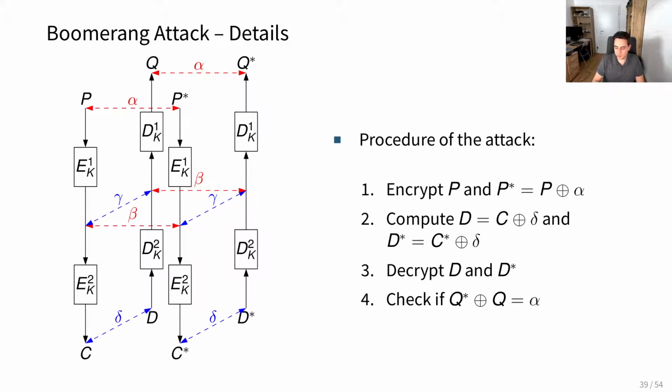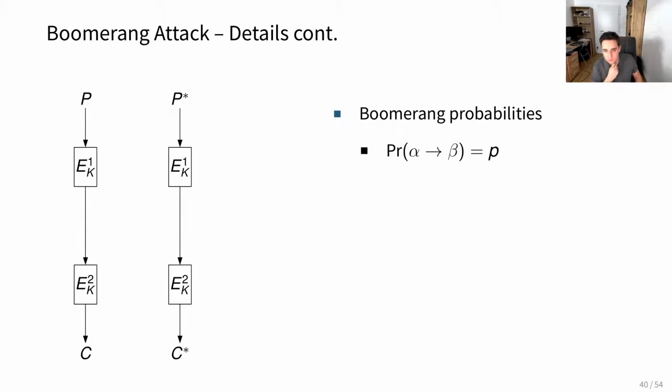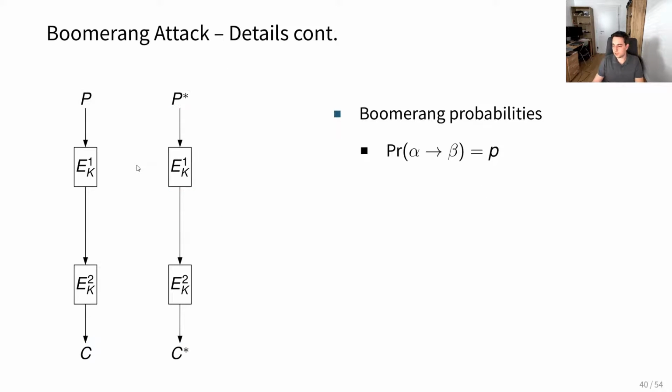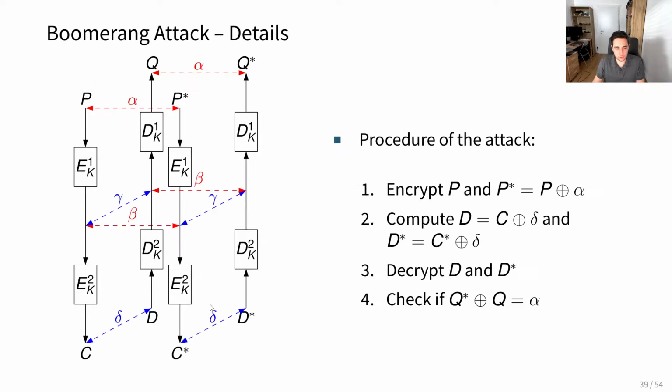But actually, this is not the case, because if we analyze this, then we have the following probabilities. First, the probability that alpha, the difference here, goes to beta after the first part of the cipher. Let us say that this probability is P. Then, we fix the probability delta, if you remember, which is chosen by us.